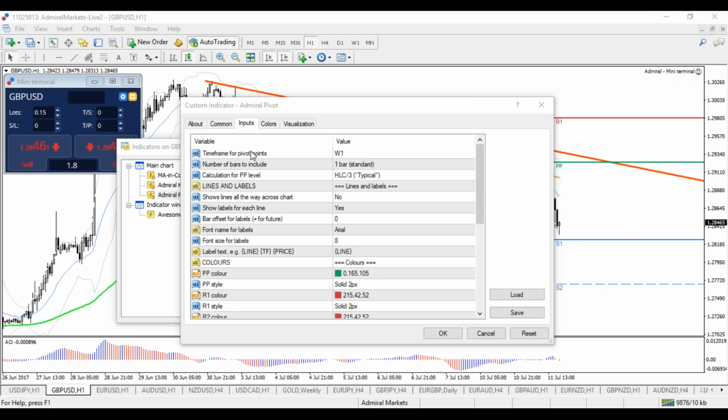Here you see the parameters though of the pivot indicator. It's the weekly one. And I'm not sure if you're interested in other things. I don't think so. This is just colors. No, that's not interesting. So the weekly basically. And I used typical and standard here.